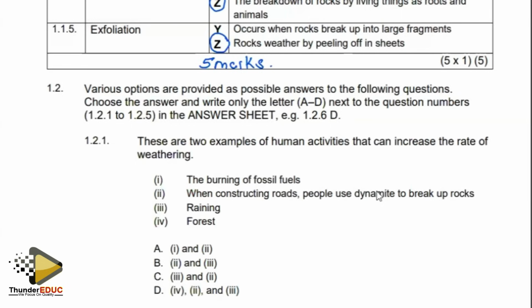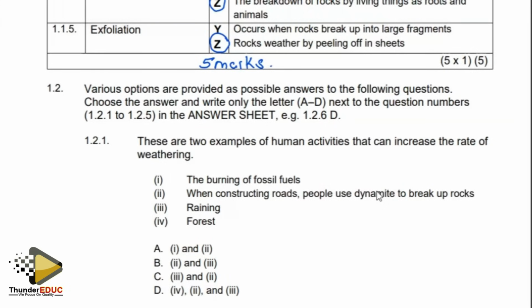These are two examples of human activities that can increase the rate of weathering. One is the burning of fossil fuels. Two is when constructing roads, people use dynamite to break up rocks. Another one is clearing forests.